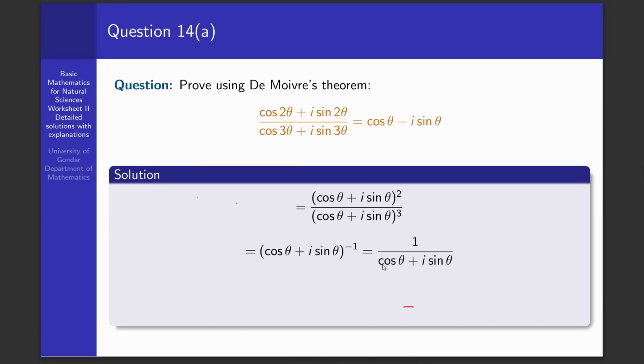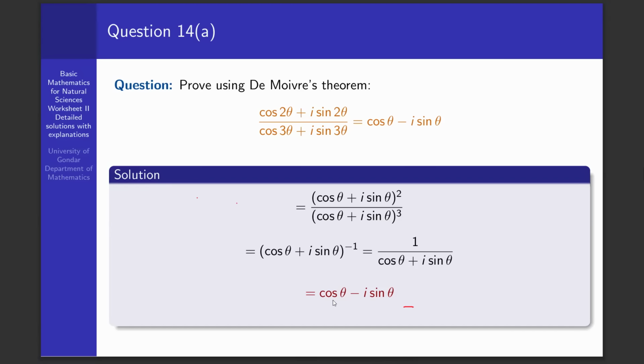Then when we simplify this one in standard form, we have to multiply the numerator and the denominator by the complex conjugate of cosine of theta plus I sine theta, so that it is just cosine of theta minus I sine theta.